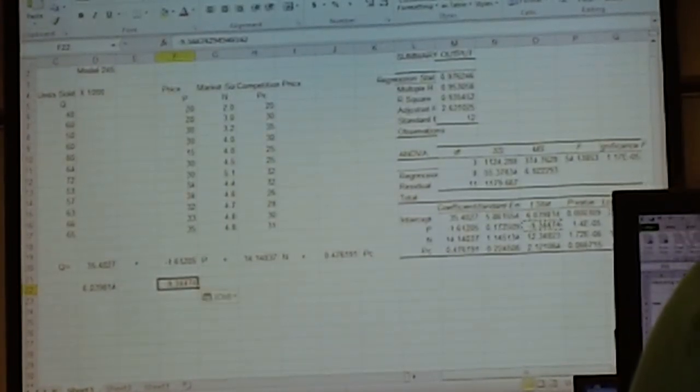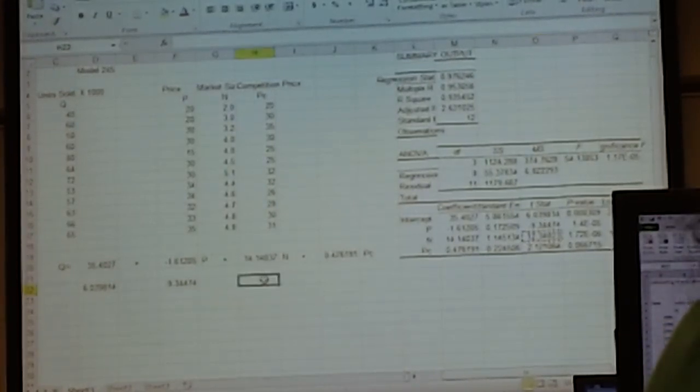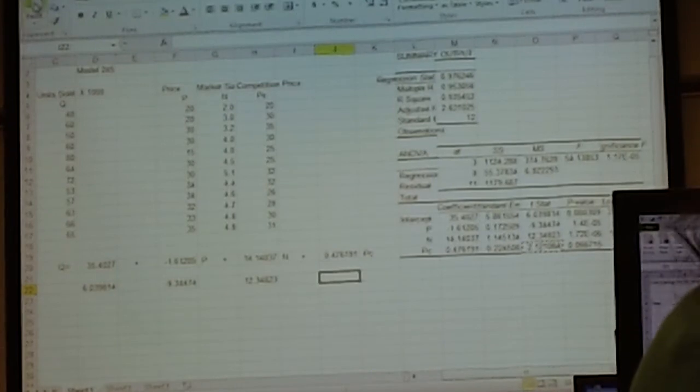The second one is this one. Third one is this one. And the fourth one is this one. Let's call these the T test.